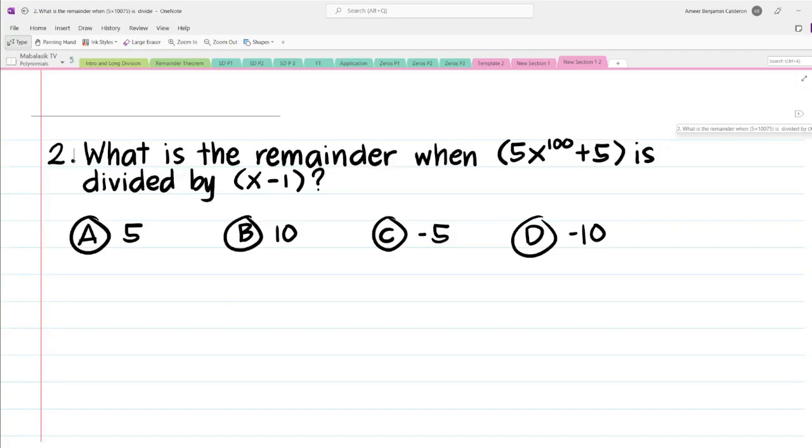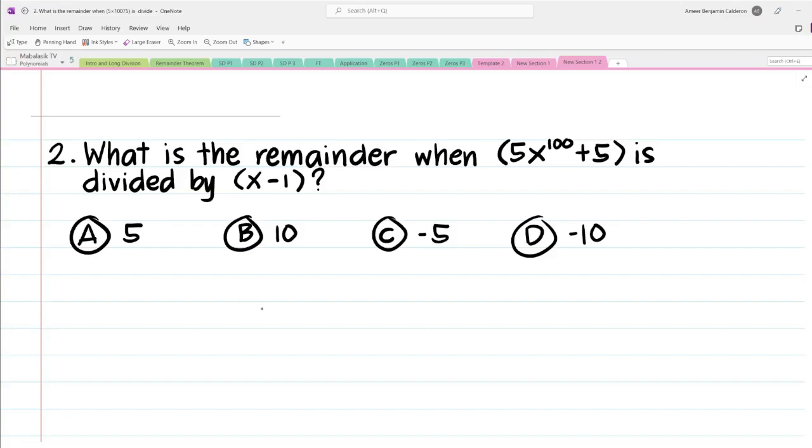What is the remainder when 5x to the 100th plus 5 is divided by x minus 1? So siguro mararatel yung iba dito kasi ang laki ng exponent raised to 100. But if you are going to look at our divisor, that's just x minus 1.